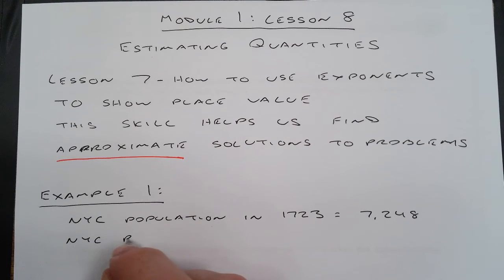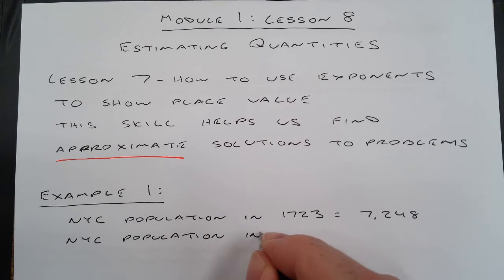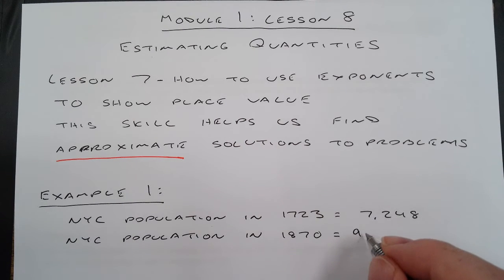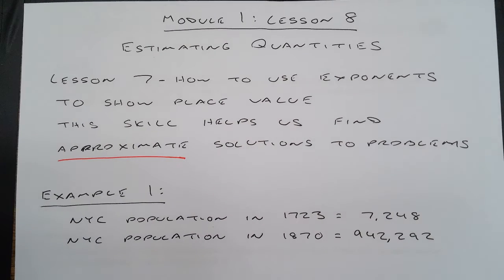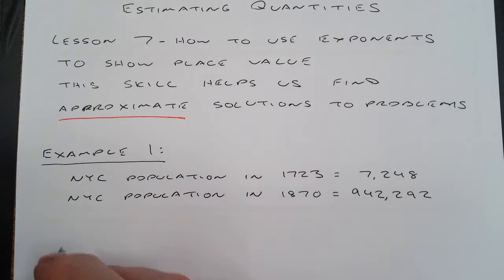The NYC population about 150 years later, in 1870, was 942,292. The question is, how many times greater was it? And that is the question, but there's a fun word I'm going to throw in there.